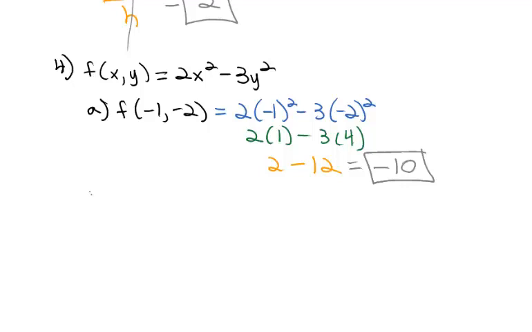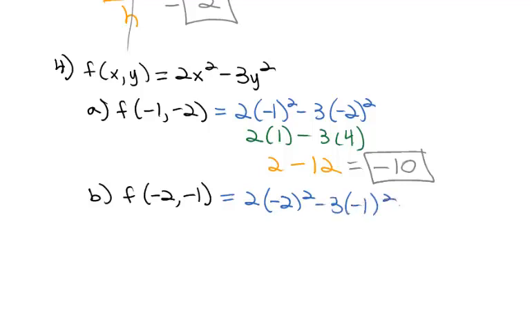Again, I want to stress the order we do things is important. If I was to switch the order of these variables, if I made it negative 2 comma negative 1, we would get a very different answer. Notice then we have 2 times x, which is negative 2 squared, minus 3 times y, which is negative 1 squared.